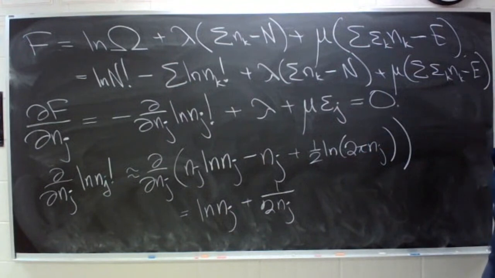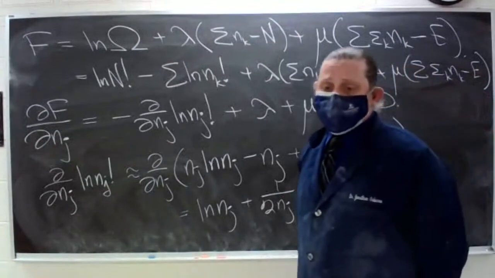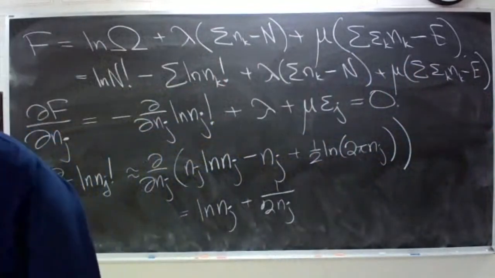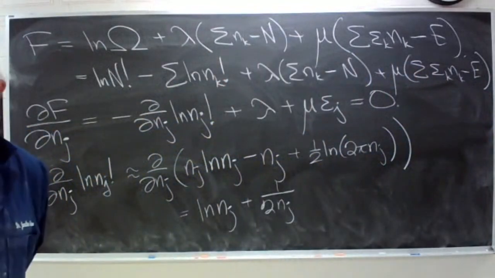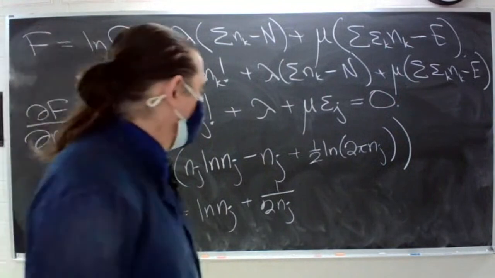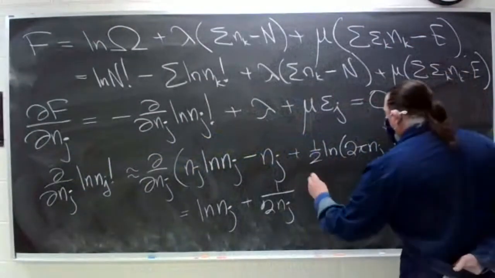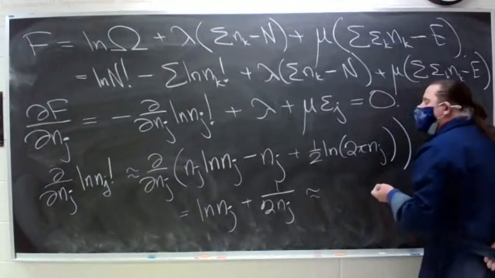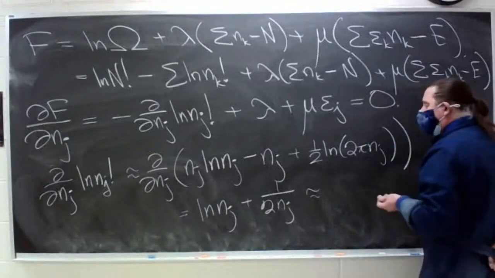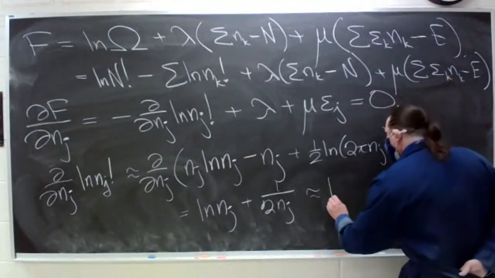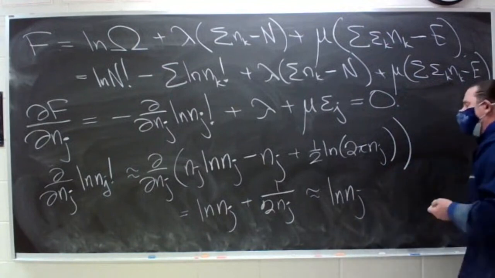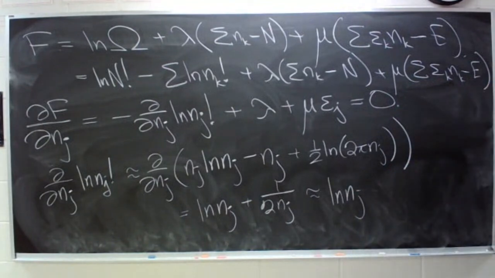Now, as we said, nj is a large number. So I'm going to ignore the 1 over 2 nj, and I'll just have natural log nj.